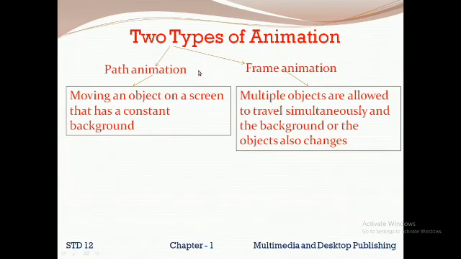Now, animations are of two types: one is path animation and the other is frame animation. Path animation involves moving an object on a screen that has a constant background. In frame animation, multiple objects are allowed to travel simultaneously, and the background or the objects also change.